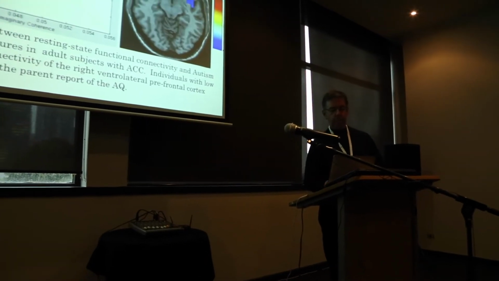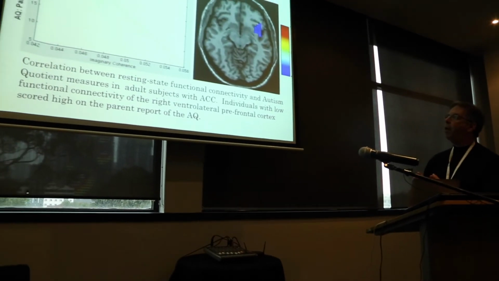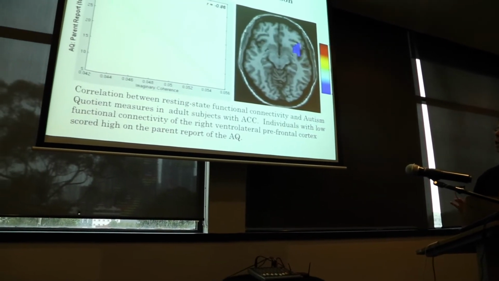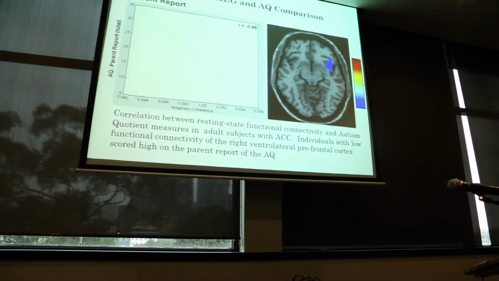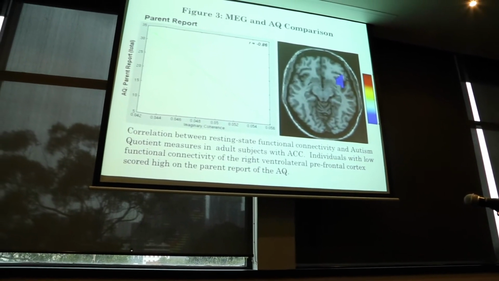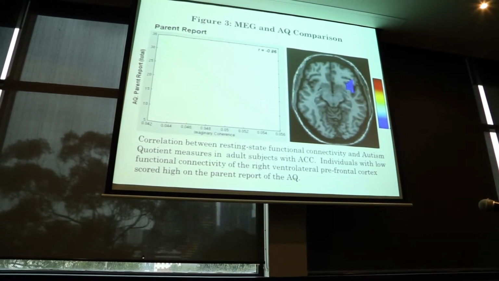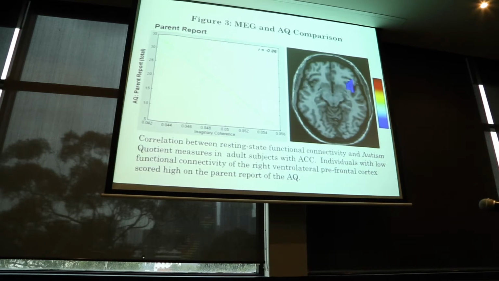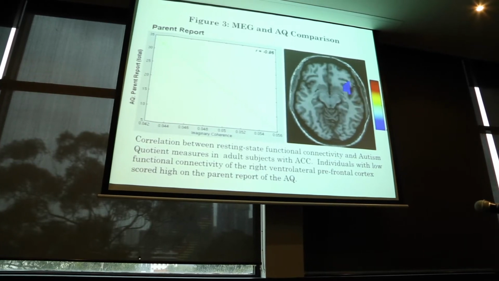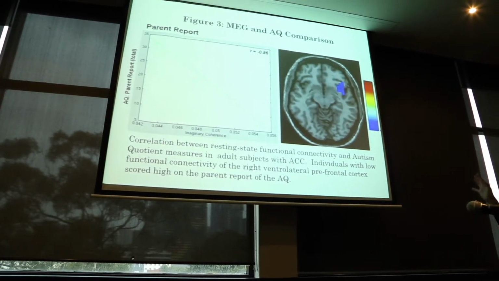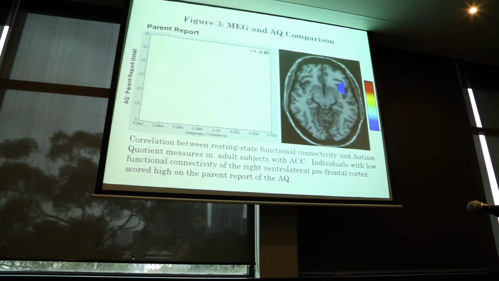Okay. We did some other work where we tried to see if we could understand what connections in the brain might be explaining that. And this is a little bit of a complicated slide, but it's basically telling us that the area that is in blue, which is in the frontal lobe in the lower part on the right-hand side, that the activity of that area, when it was underactive, those individuals were more likely to have autistic features.